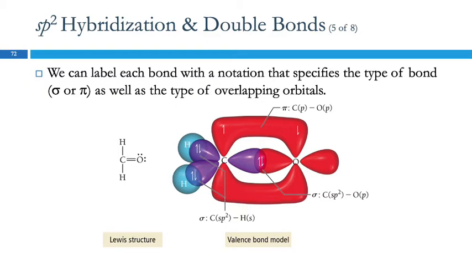We can label these bonds, and this is something the worksheet's going to ask you to do. So this bond, we're going to first identify the type of bond. That's a sigma bond. The orbital on the far right, the orbital on this one, this is the other part of that orbital.